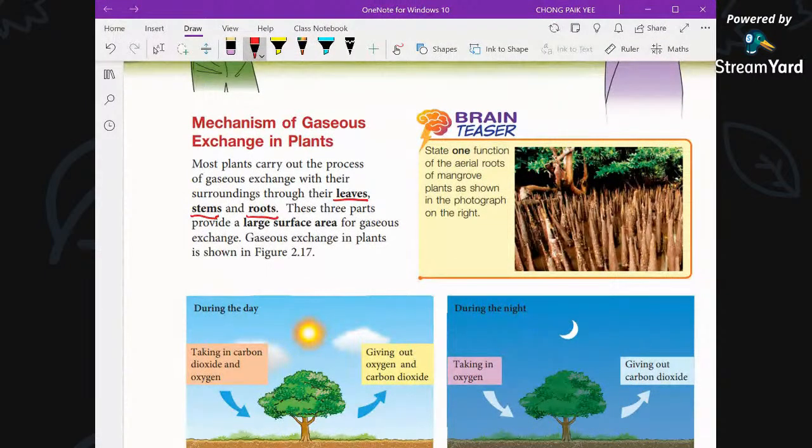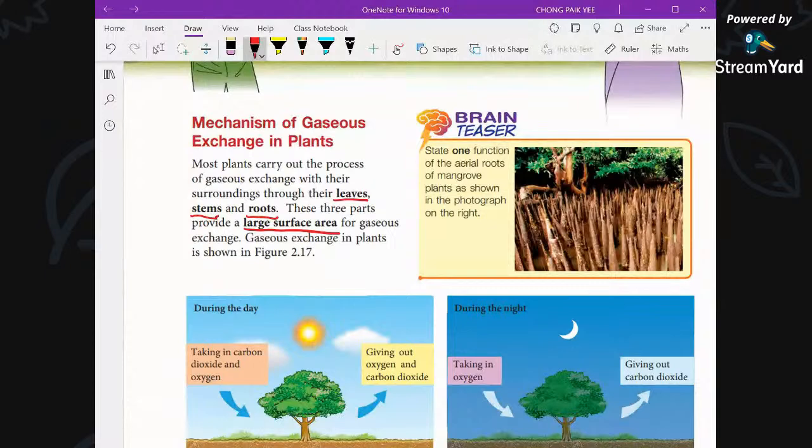And all these 3 parts have a similar property, which we have learned also, the adaptation of the respiratory structure. Remember there are 4 adaptations. One of them is large surface area. So you find that all these structures, like leaves, have large surface area because they are flat. So you have a lot of stoma on the leaves. The more surface area they have, the more stoma they will have, and the easier for gases to move in, and also easier for the waste gases to come out.